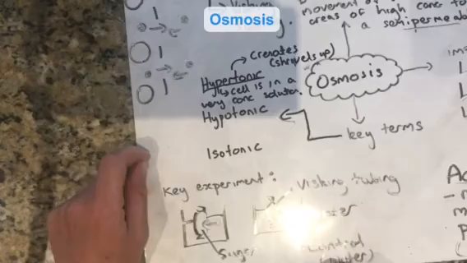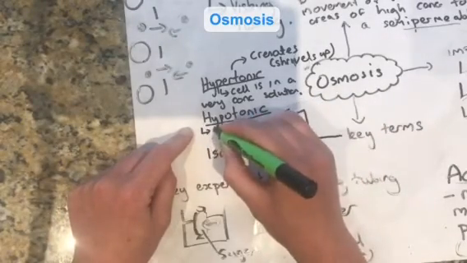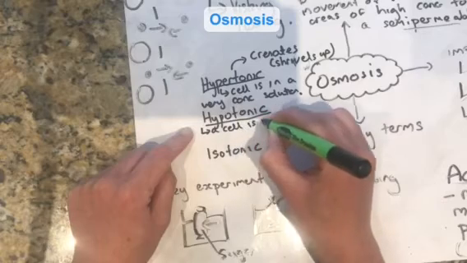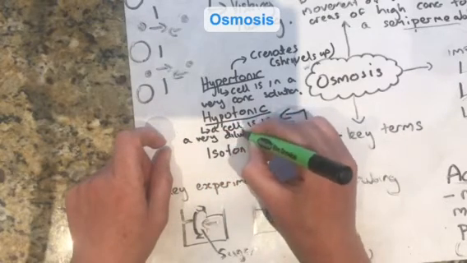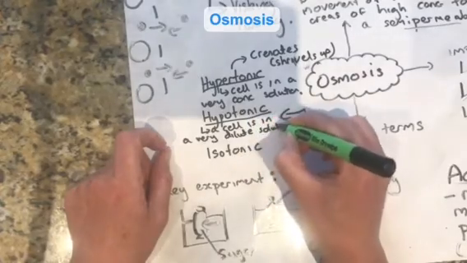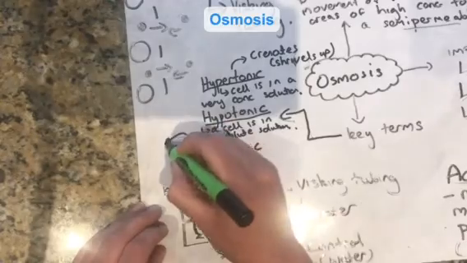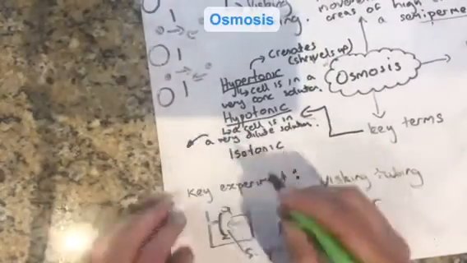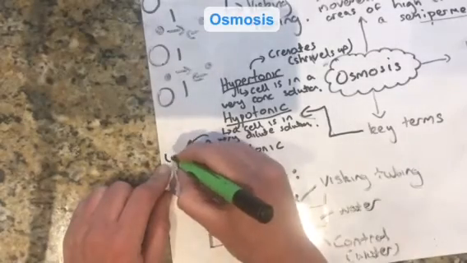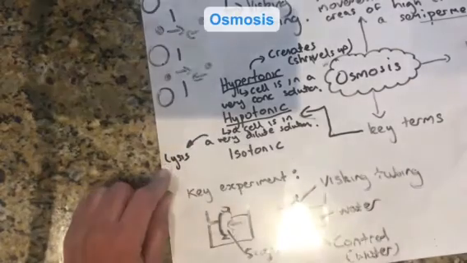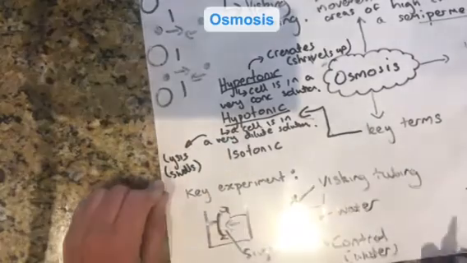Hypotonic, girls, is where a cell is in a very dilute solution. And what happens here? It does the opposite of crenation. It swells up and undergoes what's called lysis, which means it bursts. So swells and bursts, which would be a very bad thing, obviously.